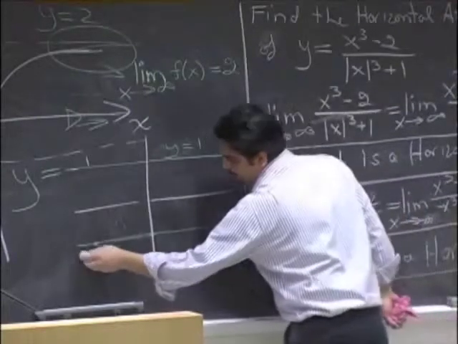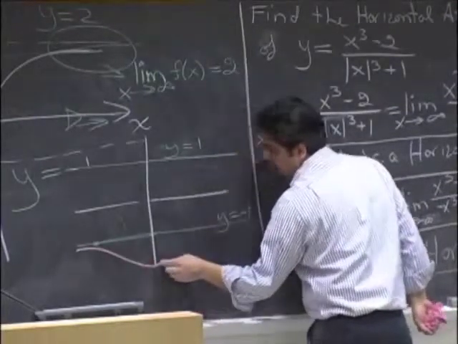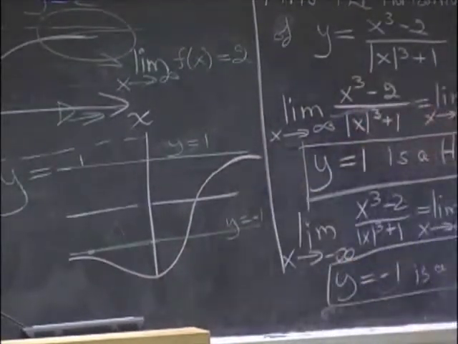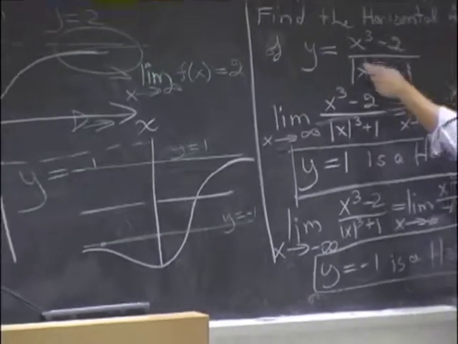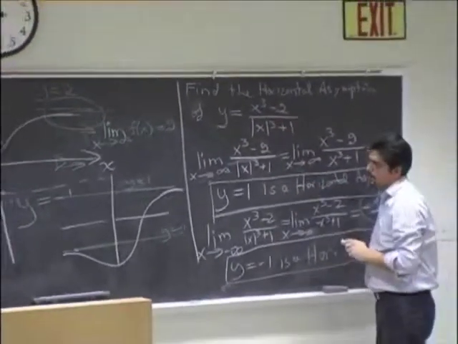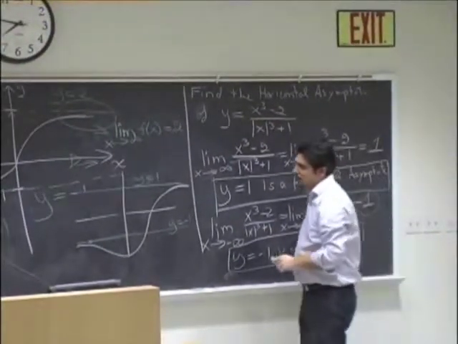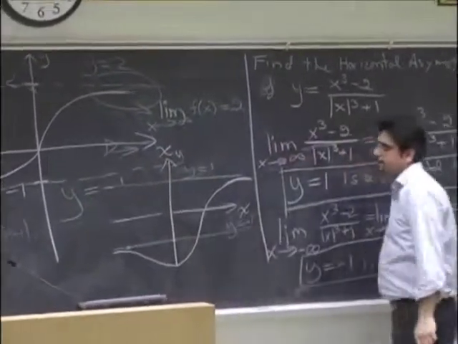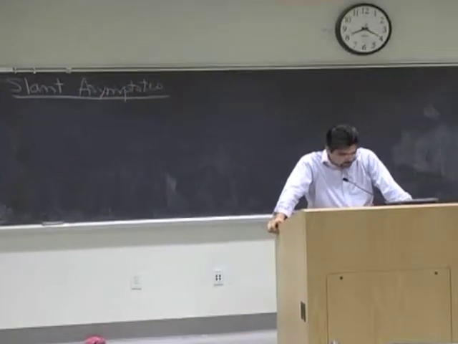And the graph, if you graph this, looks like this. That's the graph of y equals (x cubed minus 2) over the absolute value of x cubed plus 1.